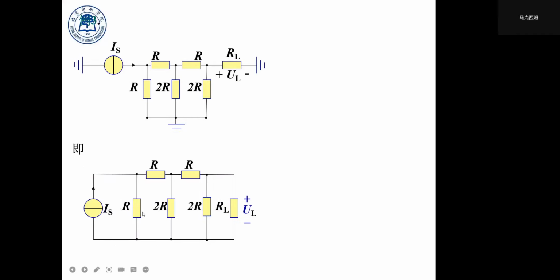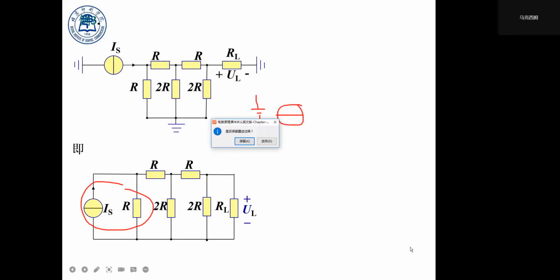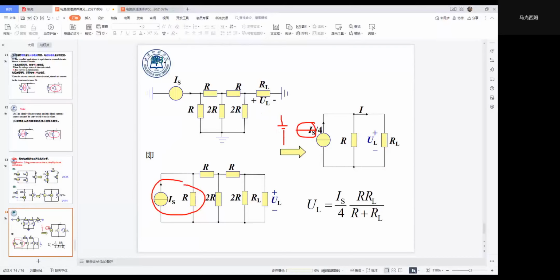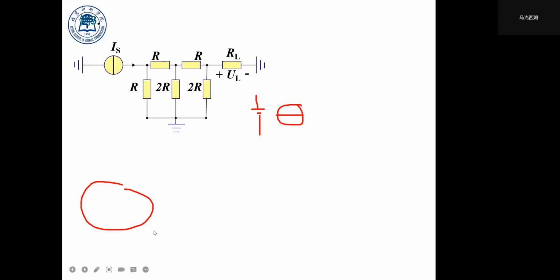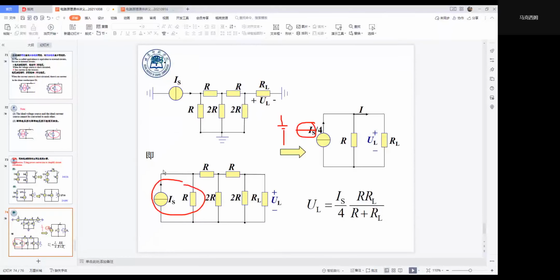One in series connection with R, so we can just put these two together and create a symbol to represent it. You can see that.